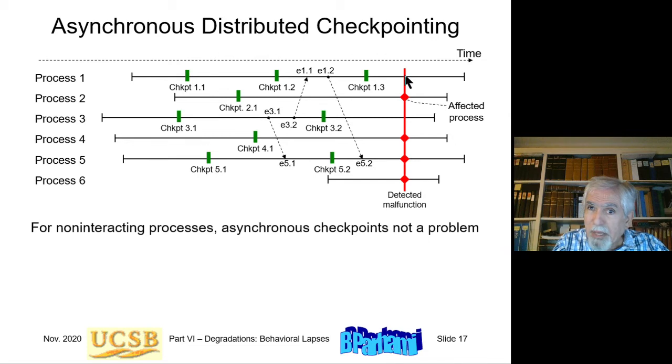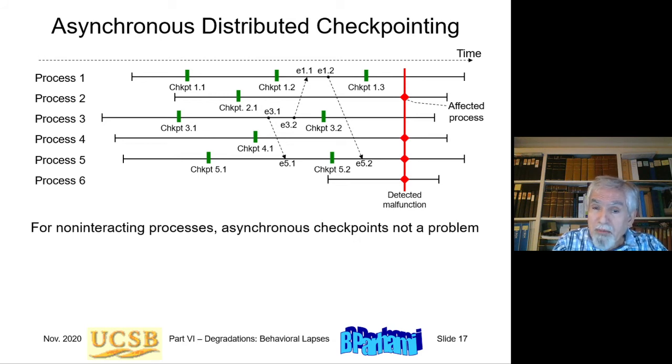Even if it were rolled back, it would be rolled back to this checkpoint, and therefore this event still will not happen again. And therefore the second execution of this part of the process will be missing this interaction, will not receive this data, and therefore will not operate as in the first instance.